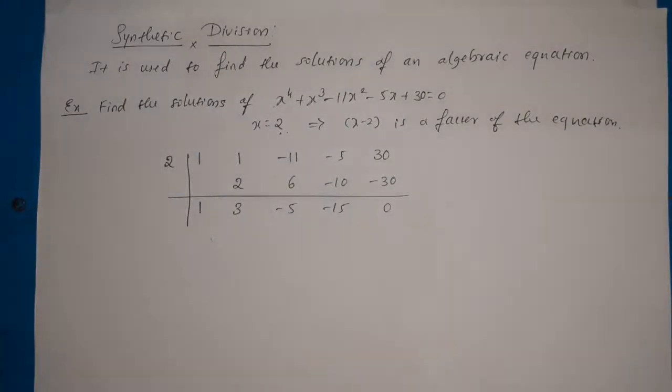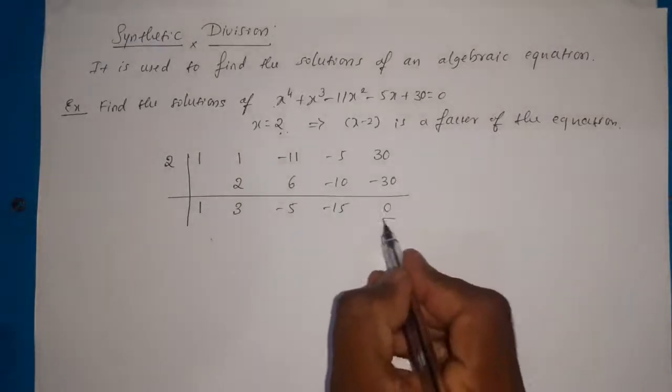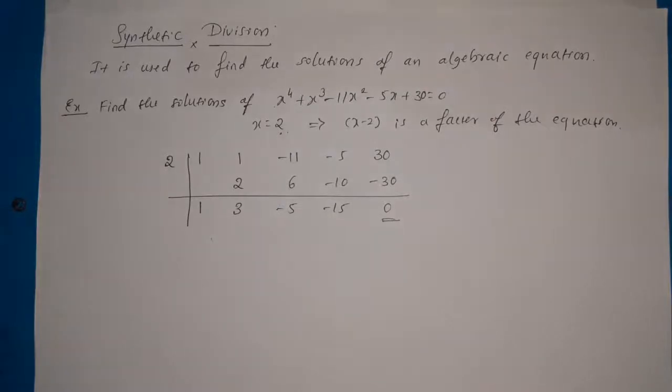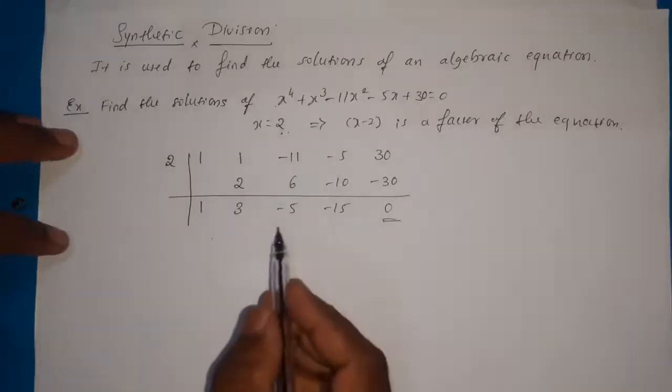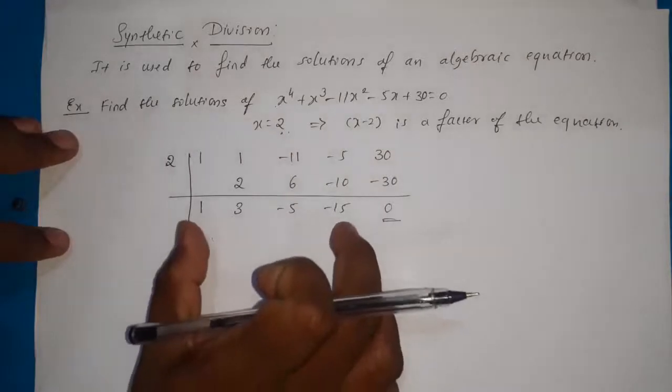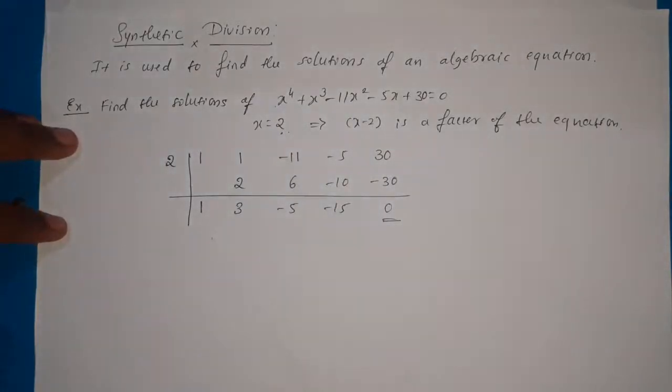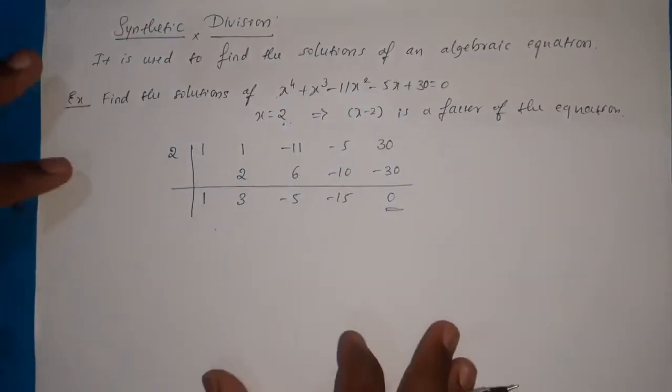Whenever we are going to use synthetic division, this last value must come as 0, otherwise we have made a mistake somewhere. So these are the coefficients for the next lower order equation.